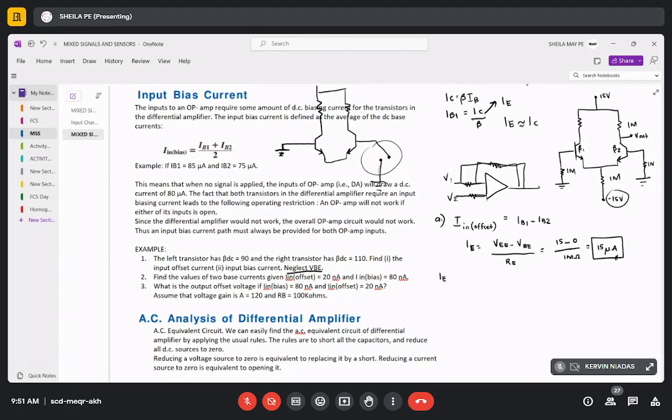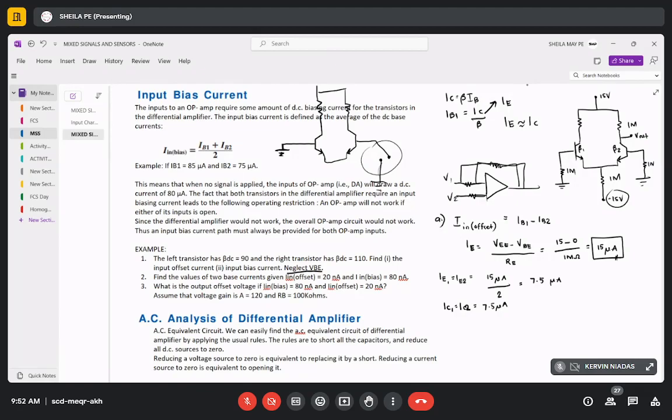Okay, so from that, we can have our IE. We need to solve our IE1 and IE2. Given IE1 and IE2 are equal, we have 15 microamperes divided by 2, which is 7.5 microamperes. That's for our IE. And since IE and IC are equal, IC1 is equal to our IC2, which is equal to our IE, 7.5 microamperes.